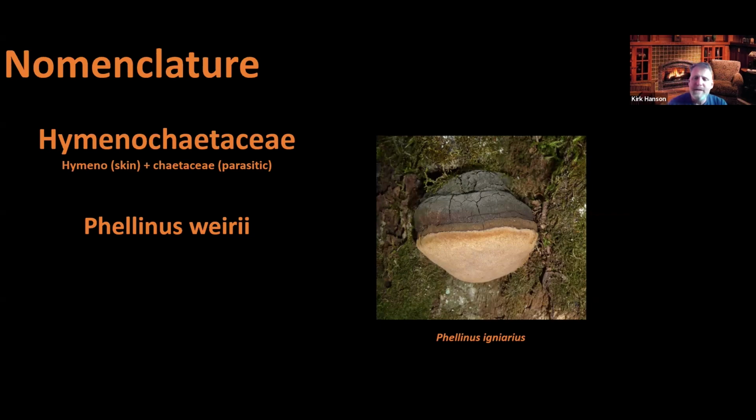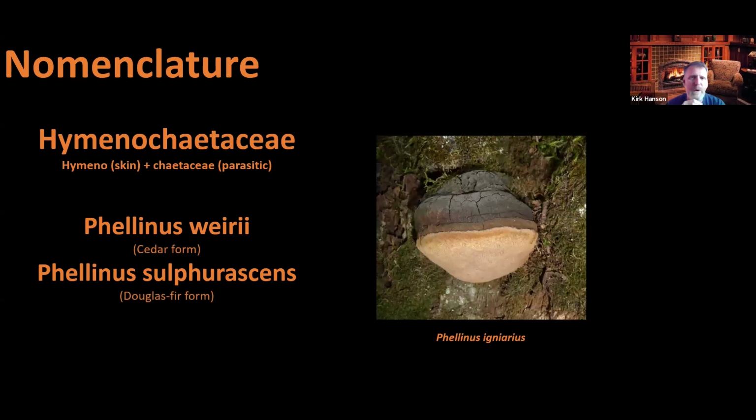So they named a new species of Phellinus, Phellinus sulphurascens, as the form that attacks Douglas fir, and assigned Phellinus weirii specifically to the fungus affecting cedar. In about 2010 or so, we changed the name from Phellinus weirii to Phellinus sulphurascens for Douglas fir.